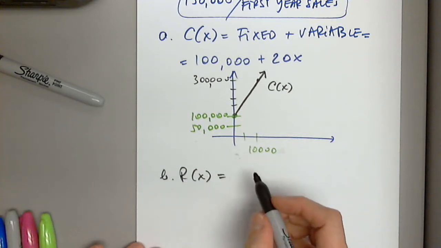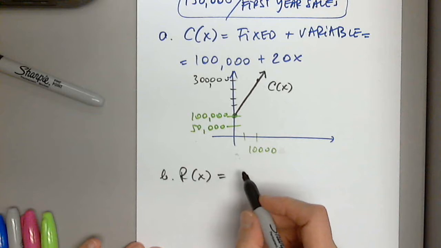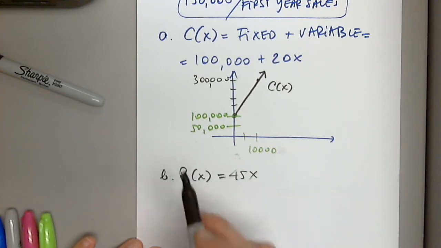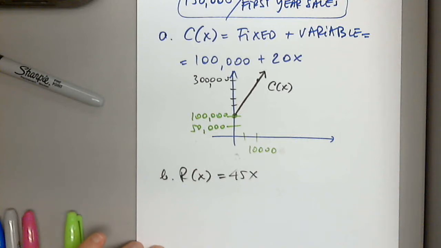What will that be? Yes? 45x minus 20x minus 5. The revenue, we haven't gotten to the profit yet. So the revenue is just this, 45 times X. They're asking us to graph 45x on the same coordinate system. So can anyone give us the first point when X is 0?